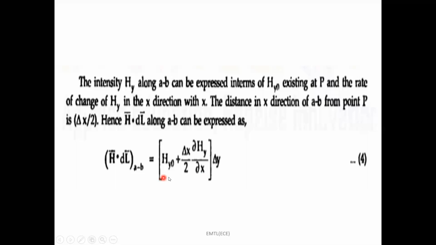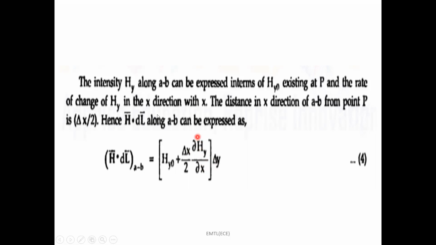Why? Because this is the sum of the impact of H bar due to x and y. Here Hy naught is the magnetic field intensity at point P due to A and B. Now the rate of change of Hy is expressed as dou Hy by dou x.